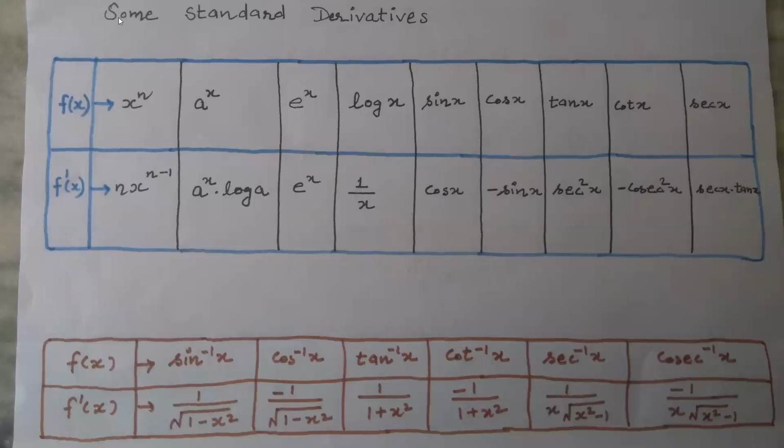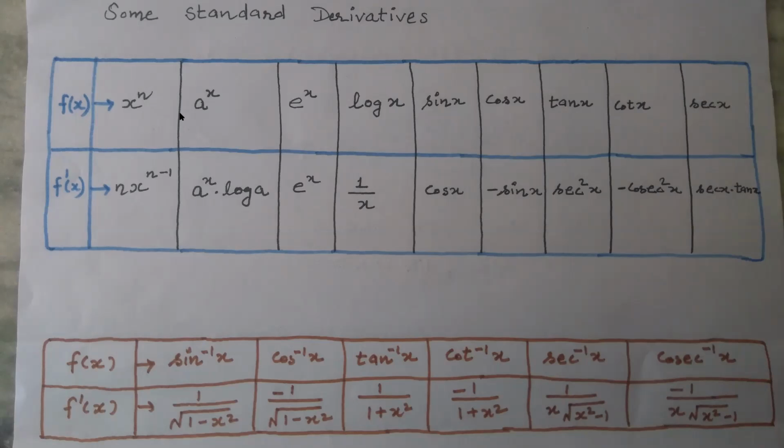My dear friends, some standard derivatives are written here. Suppose f of x takes the value x raised to power n. Then the derivative of x raised to power n is n into x raised to power n minus 1. Similarly, if the given function is a raised to power x, then f dash x is equal to a raised to power x into log of a.